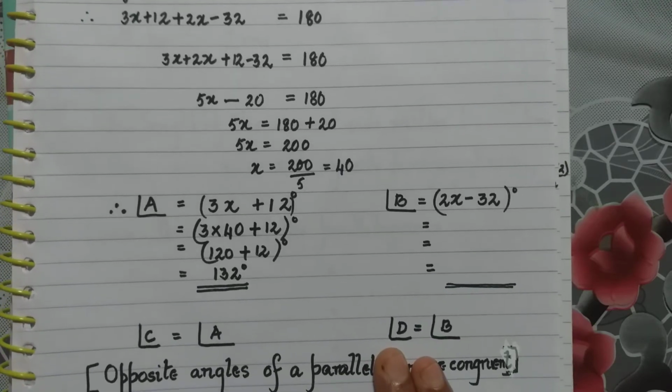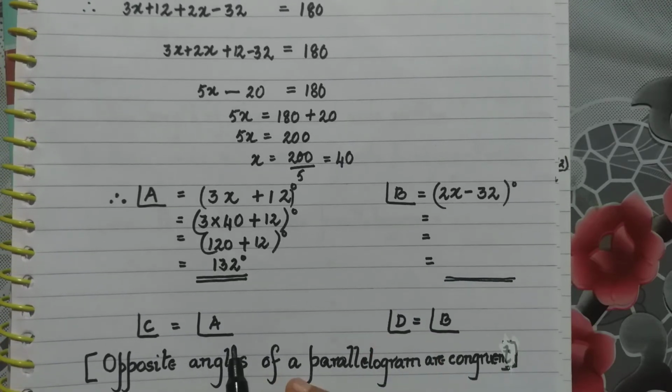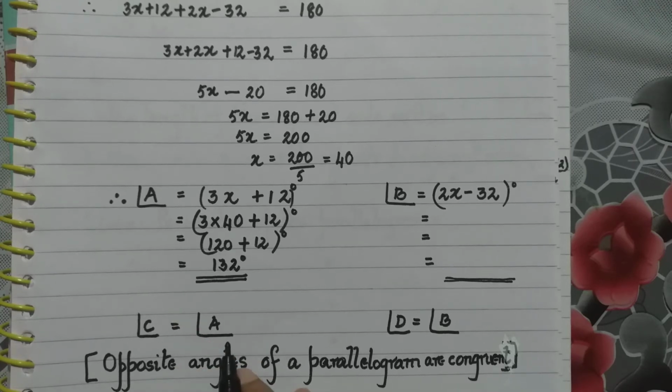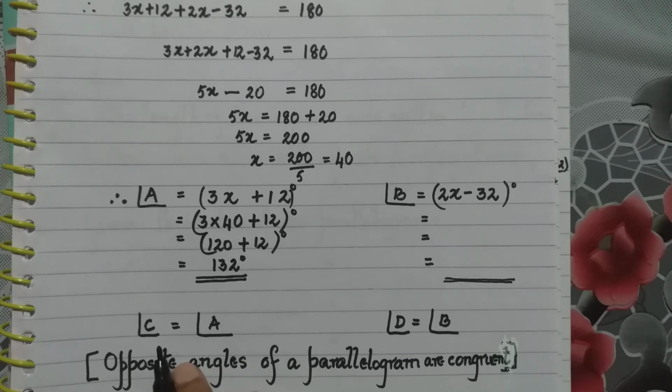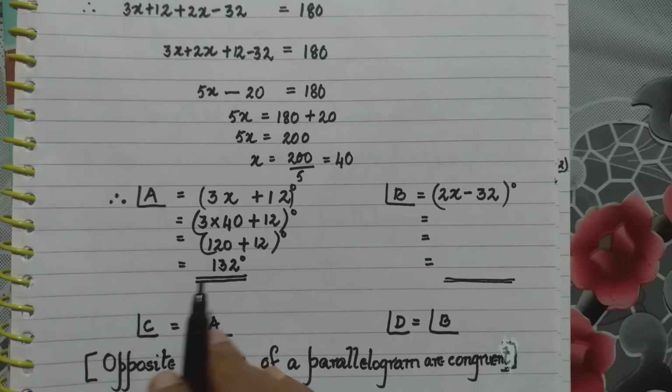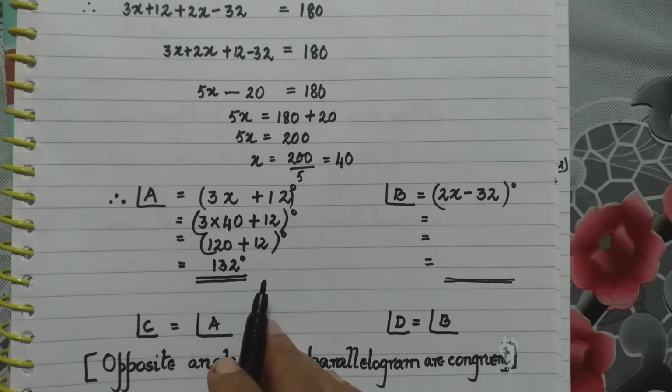Now see here, we know that angle C will be equal to angle A because angle C is opposite to angle A. How do I know it is angle C and not angle B or angle D? Angle A and angle B are adjacent angles. So after angle B, which will be the next angle which comes?